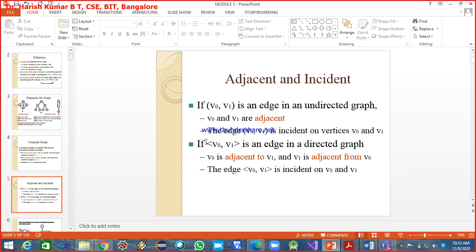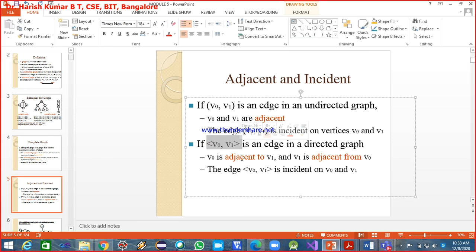Similarly, this represents an edge in a directed graph. We use the angle brackets to represent an edge in a directed graph, because there can be only one direction here. The movement is only possible from v0 to v1, in this order. Now we say v0 is adjacent to v1, and v1 is adjacent from v0.